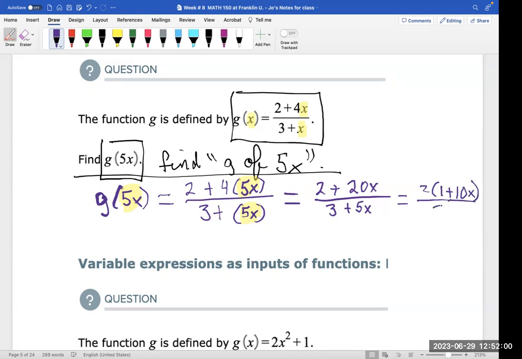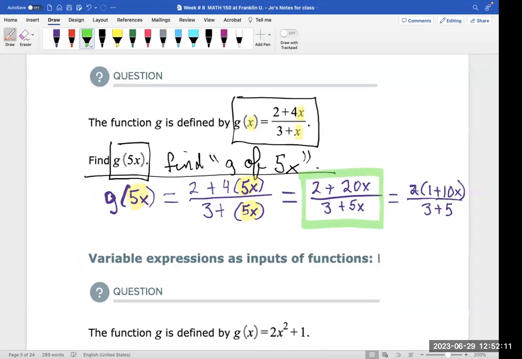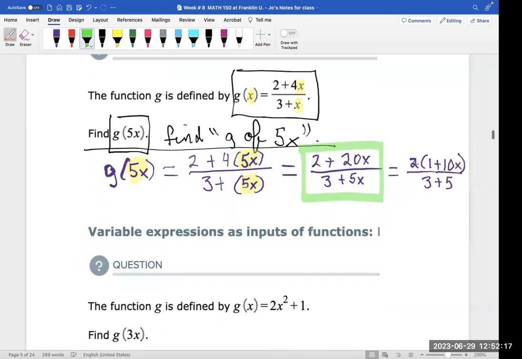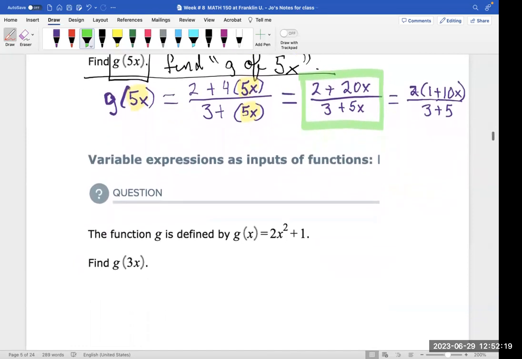My denominator is 3 plus 5x. These are relatively prime. That means these polynomials cannot reduce anymore. So this in the green box is what I would put into Alex, and you're done. That is the output. G of 5x is 2 plus 20x over 3 plus 5x. Done.